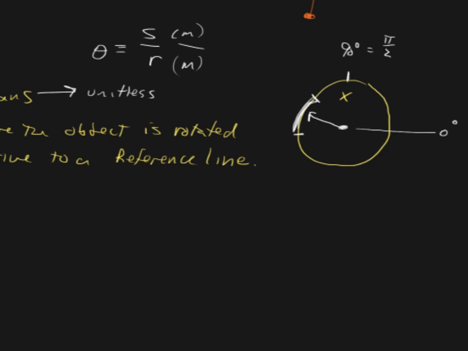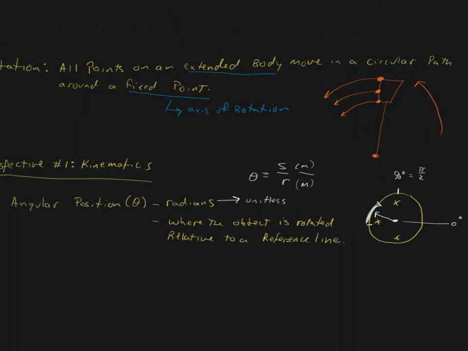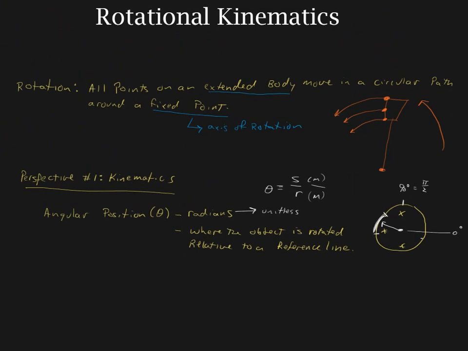If we put our point x over here, then it would just be pi. And if we put it here, then the position would be 3 pi over 2. Okay, so that's angular position, but the important thing is to notice that the object has not rotated at all at this point in time. It's just a location relative to the reference line.